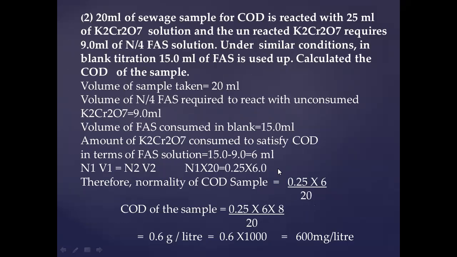Just let me calculate one more time so that I can do it properly. So in this case, it is going to be 0.05 into 14.1 divided by 25 ml.